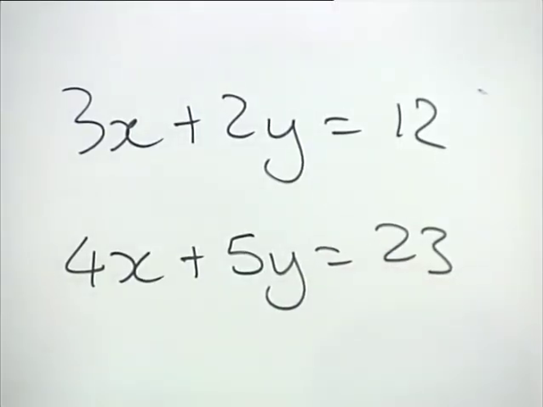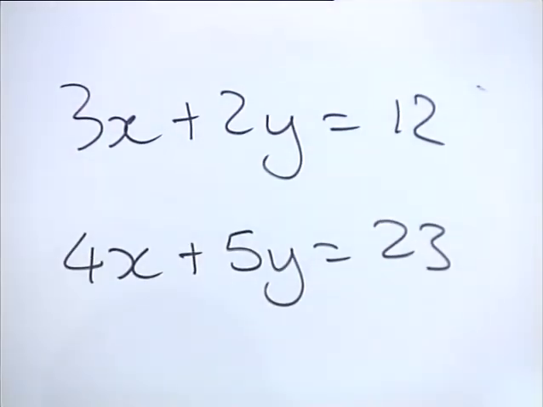If 3x plus 2y equals 12 and 4x plus 5y equals 23, we can rewrite this in matrix form using the coefficients of x and y.